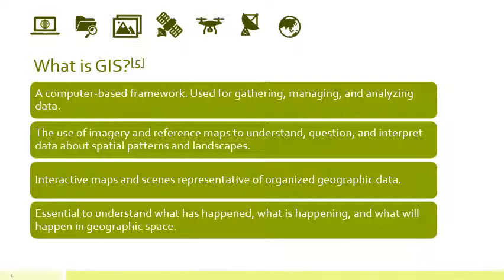GIS is not making maps. They are separate, yet have always been interdisciplinary. When they come together, we create models that portray and communicate a purpose.